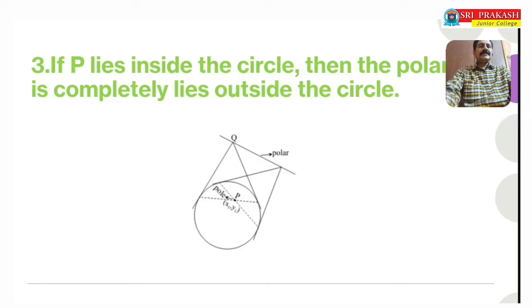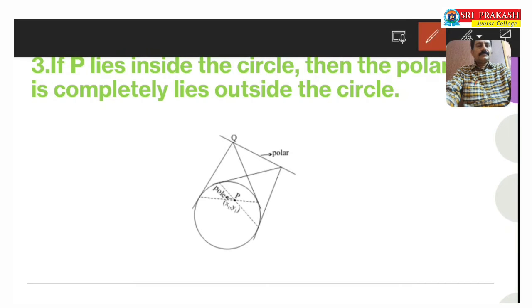if P lies inside the circle, then what about the polar? Let us see. So here, if you observe the figure, P is taken inside the circle. Through P, chords are drawn. So this is one chord, this is another chord. Now at these extremities again tangents are drawn. These tangents meet at this point.